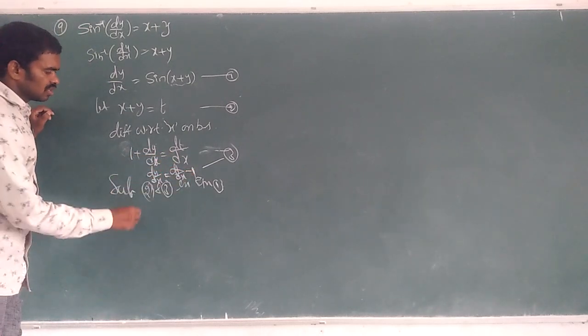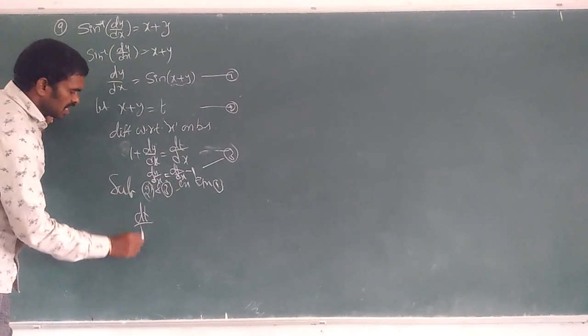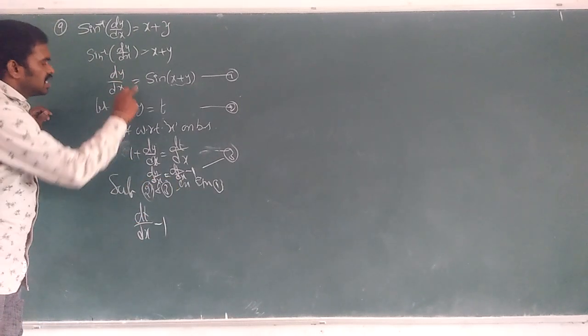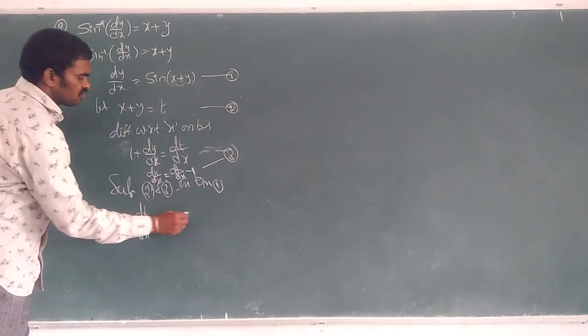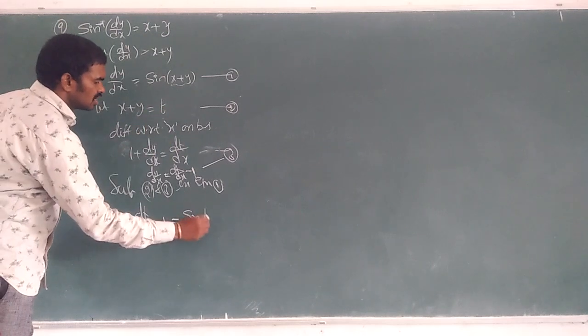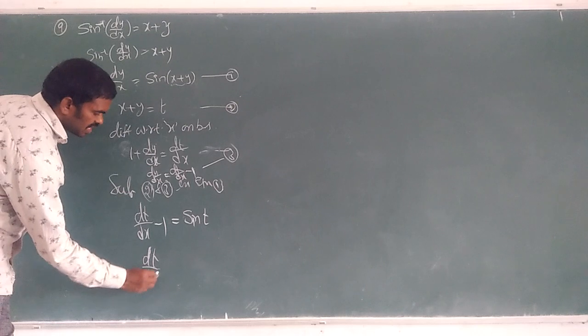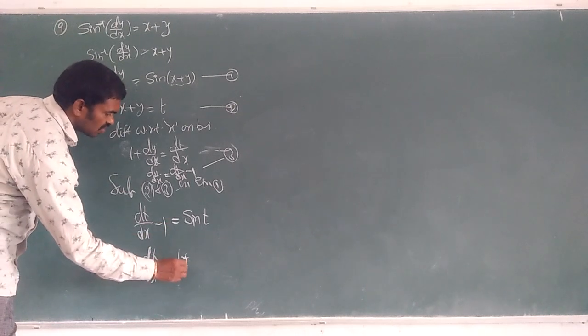Okay. So dy by dx means dt by dx minus 1 is equal to sin of x plus y. x plus y means t. Then the next step, dt by dx is equal to 1 plus sin t, moving the minus 1 to the right side.